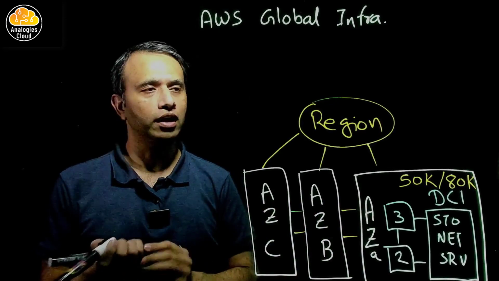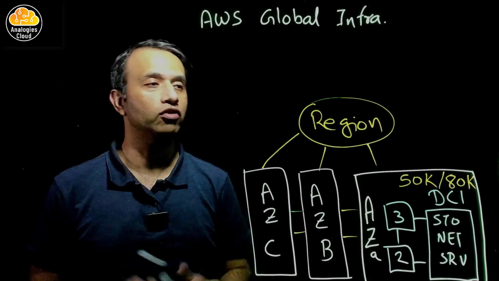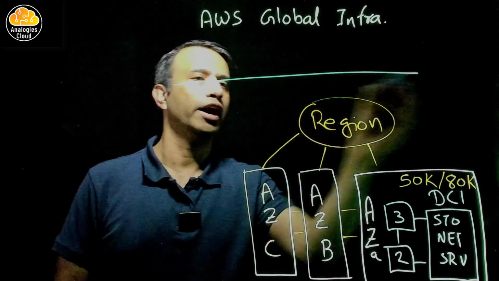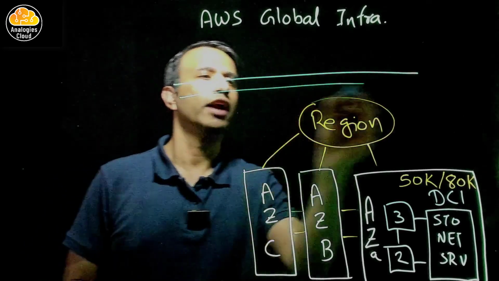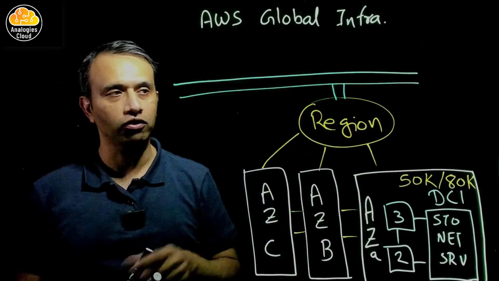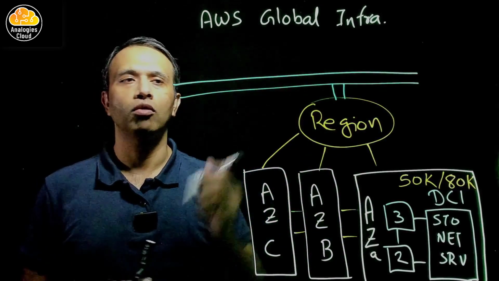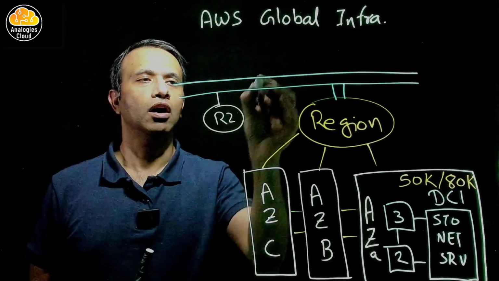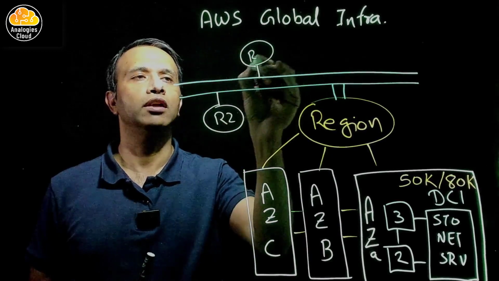What AWS has also done to facilitate all this communication between services is build the AWS global network. This network is made up of multiple redundant network connections, and all AWS global components, whether it is region 1 or region 2 or region 3, are part of this particular global network.